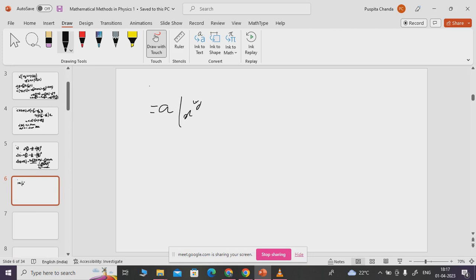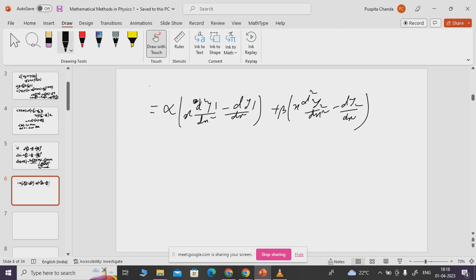It will give alpha times x d2y1/dx2 minus dy1/dx, plus beta times x d2y2/dx2 minus dy2/dx.